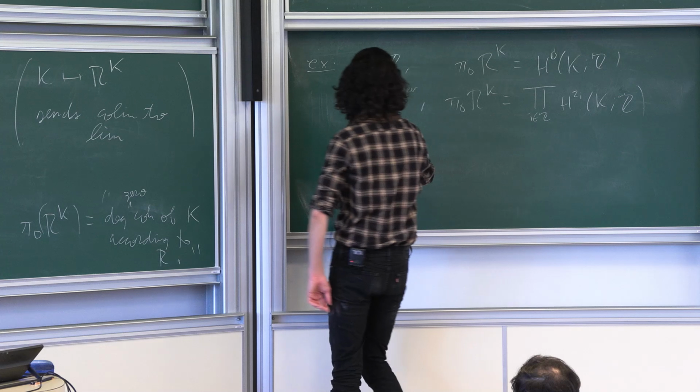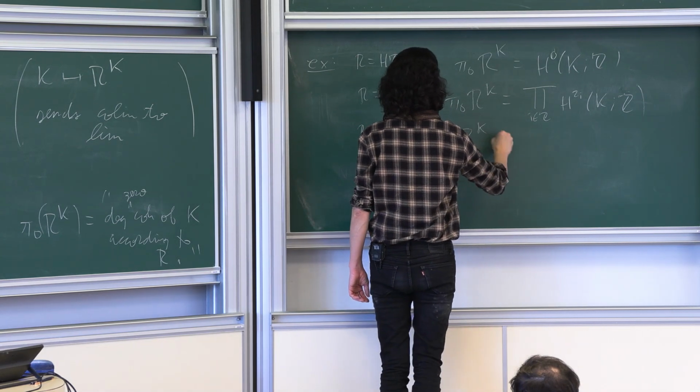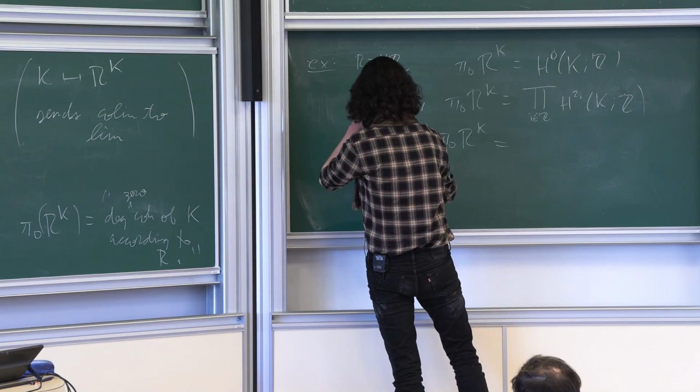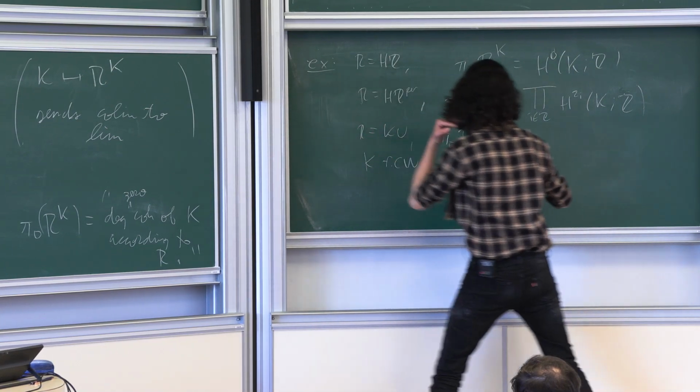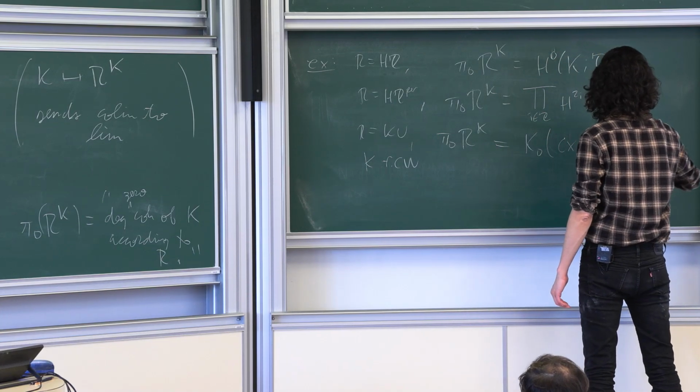And if R is KU, and let's say K is a finite CW complex, then this is the K0 group of complex vector bundles over K.